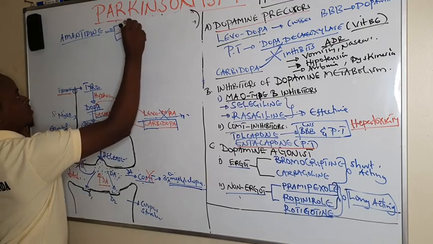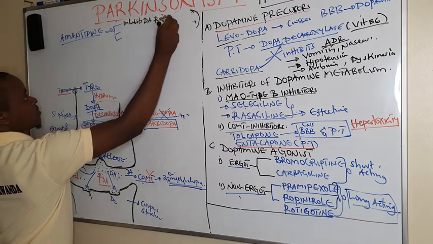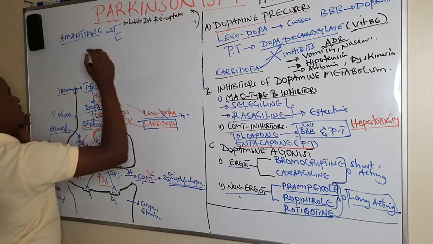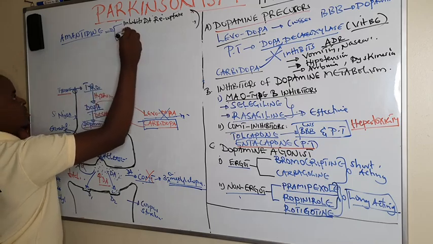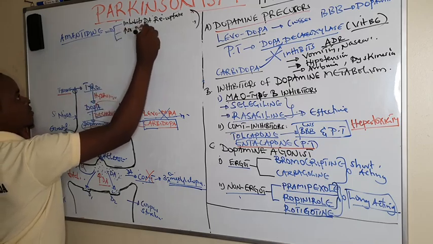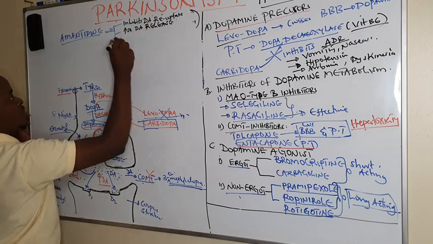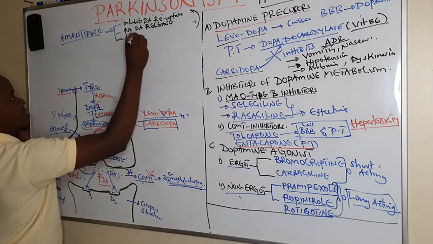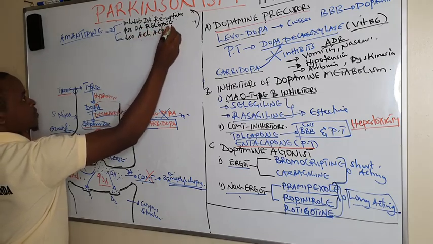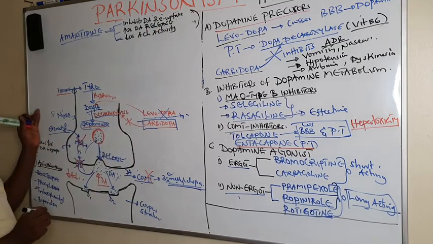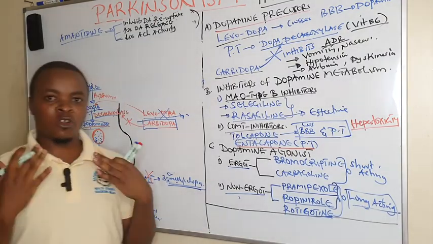It inhibits dopamine reuptake. Then it also increases dopamine release. And also it decreases acetylcholine activity. So this is among the drugs. It is an antiviral drug, but also used in treatment of Parkinsonism.